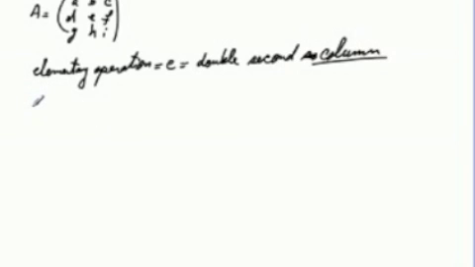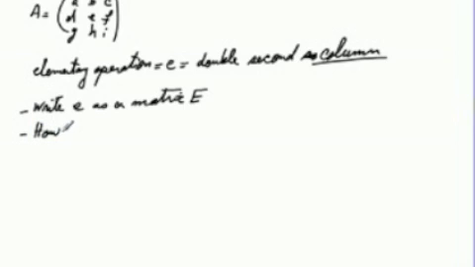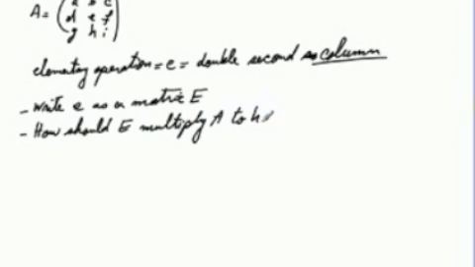The question is, write E as a matrix. Let's call that matrix E. How should E multiply A to have the desired effect?